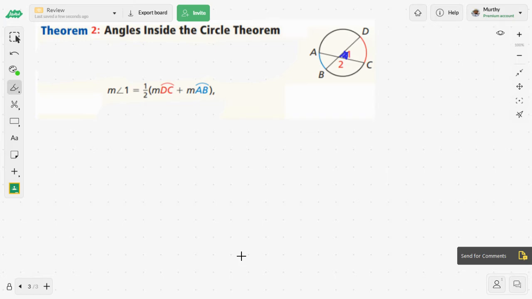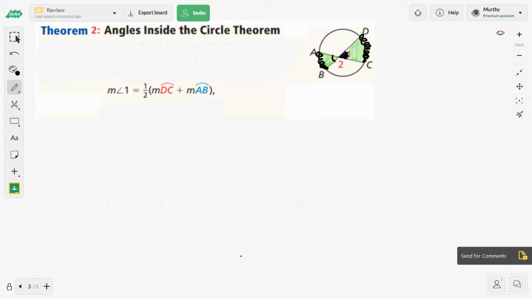Angle 1 is made by two line segments, or chords. You know that vertically opposite angles are equal, so the opposite angle represents the same. Therefore, this arc is associated with angle 1 and this arc is associated with angle 1.